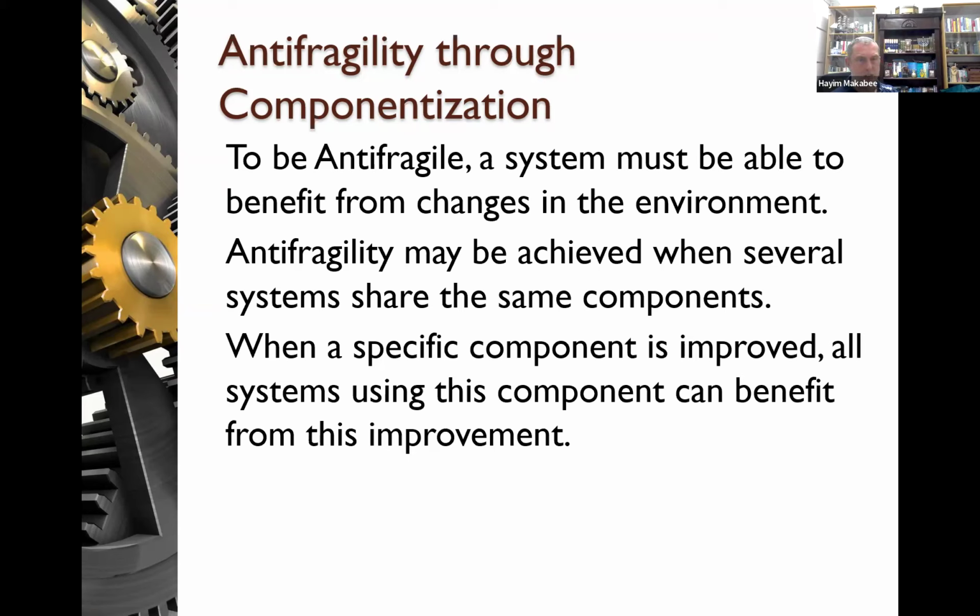And one of the ways to do this is when we have several systems that have the same components. I'll give you some concrete examples of systems that have the same components. Then when we improve the component in one of the systems, the other systems that use the same component can benefit from this improvement.